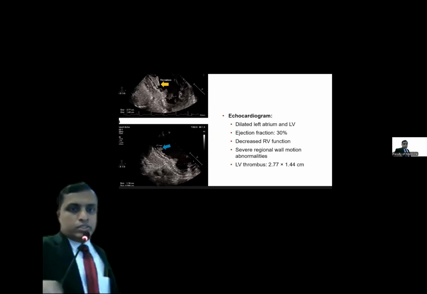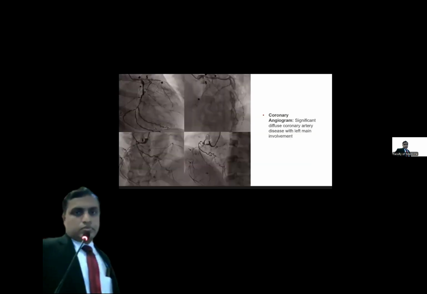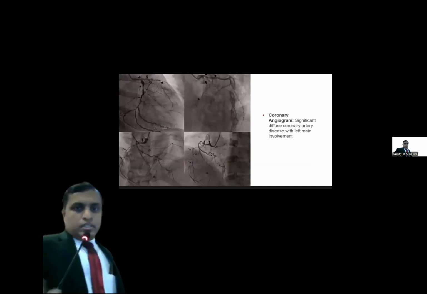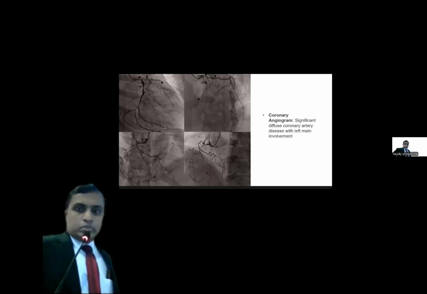Echo showed a dilated left heart with an ejection fraction of 30% and decreased right ventricular function, severe regional wall motion abnormalities, and a left ventricular thrombus. The coronary angiogram showed diffuse coronary artery disease with left main involvement.